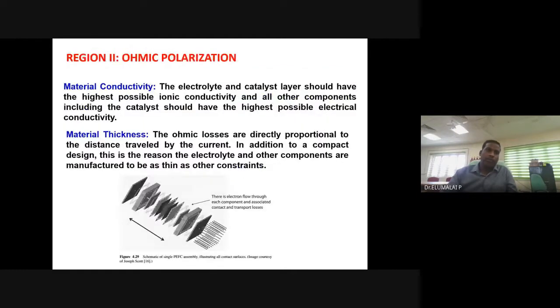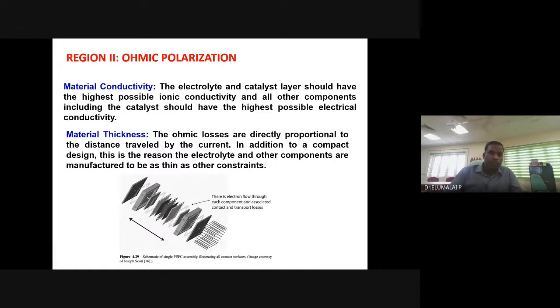I think we have completed activation losses. Now ohmic polarization: we have already defined that the resistance offered by the electrolyte and electrodes is the ohmic resistance or ohmic polarization. How will you overcome this ohmic polarization or ohmic loss? Use a better conducting electrode. Use a better conducting electrolyte.